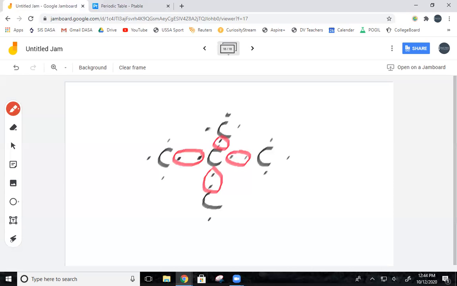Yeah, so the Lewis dot structure of germanium is the same as the Lewis dot structure for carbon. Okay, so now what if it was 4s2, 4p4? P4, that's like oxygen. It's like oxygen. Everything else is the P4.